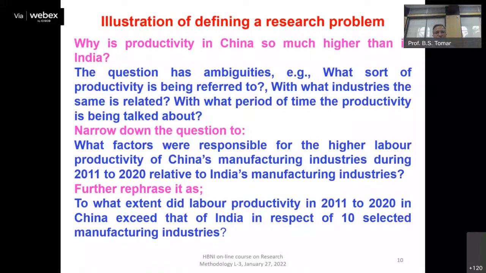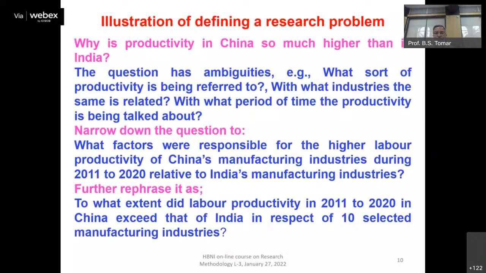In China labor is very cheap. So what factors are responsible for the higher labor productivity in China's manufacturing industries during 2011 to 2020 relative to India's manufacturing? So you have tried to make it more focused, and you can further make it more focused by rephrasing it as: to what extent did labor productivity in 2011 to 2020 in China exceed that of India in respect of 10 selected manufacturing industries.